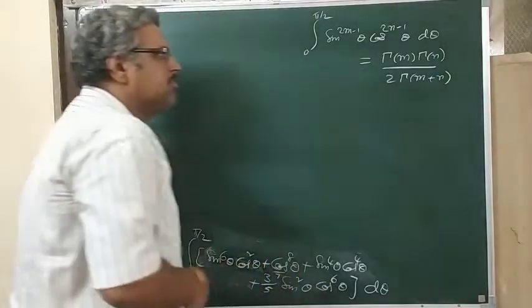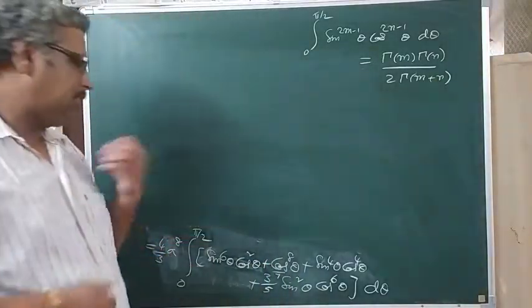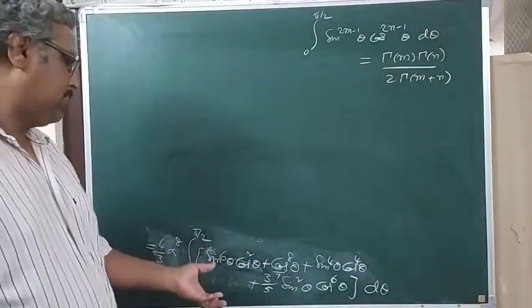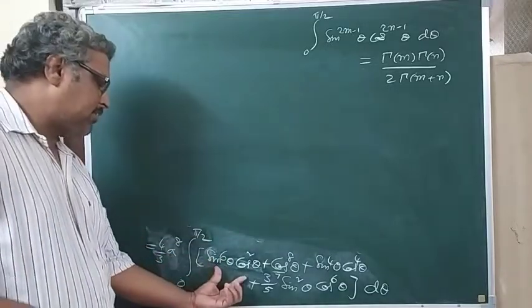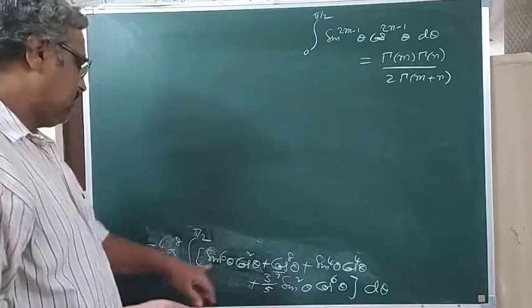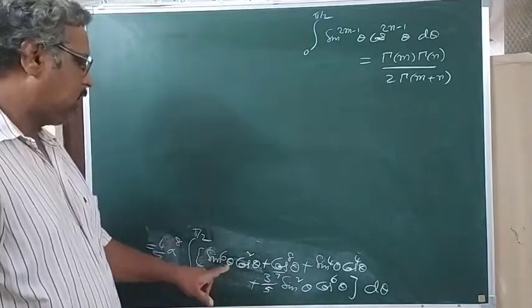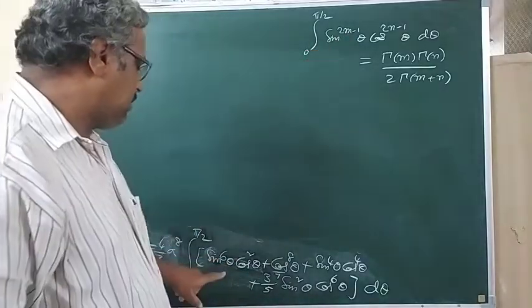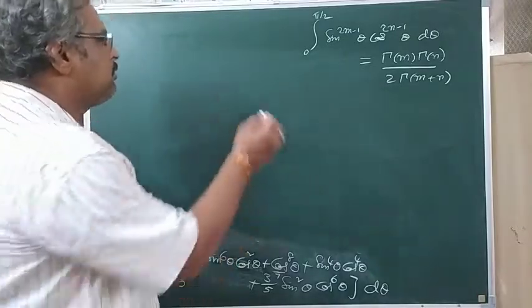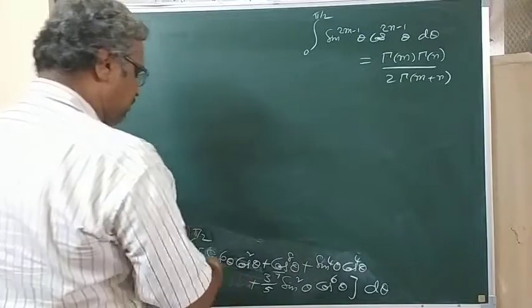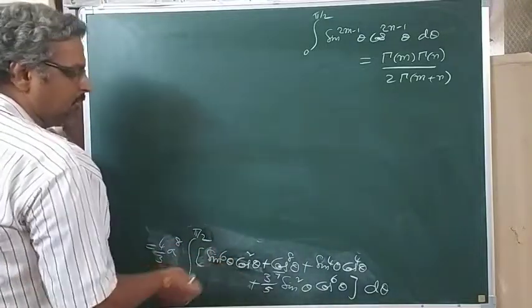Now we will use this formula for evaluation of this integral. Compare with these two, 2m minus 1 equals 6. First I will evaluate this integral, then finally I will substitute here.